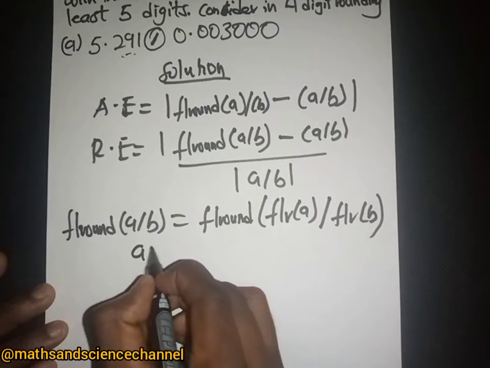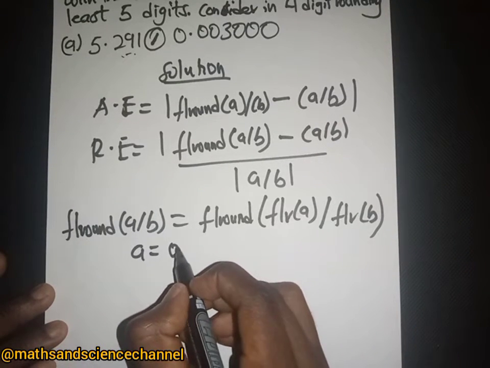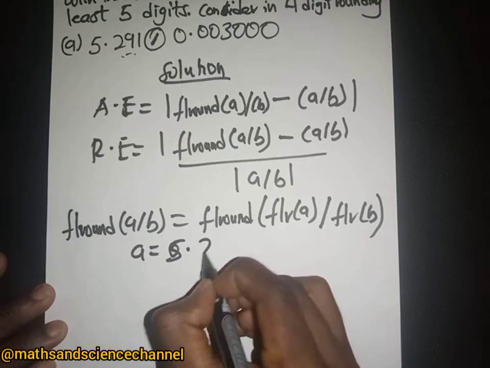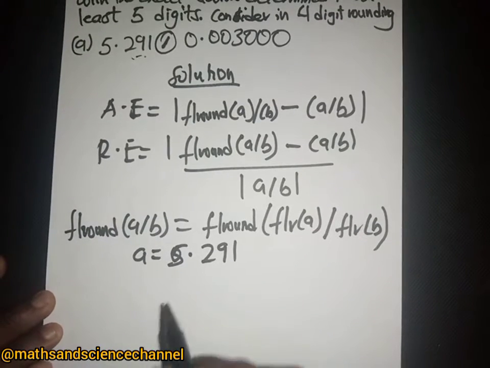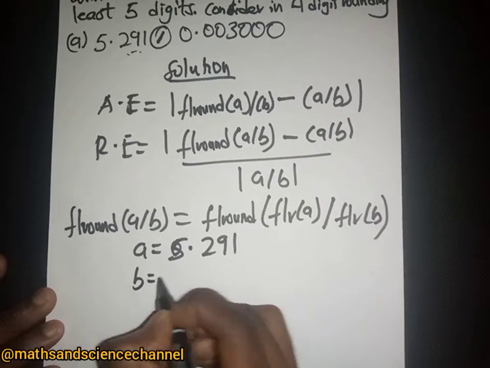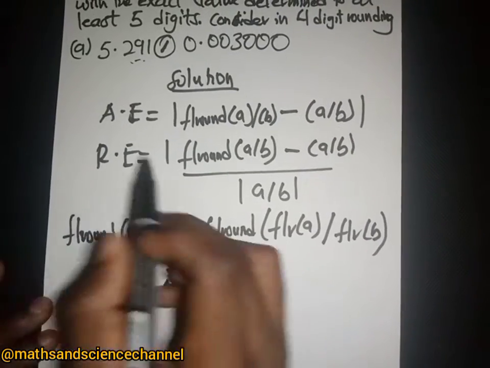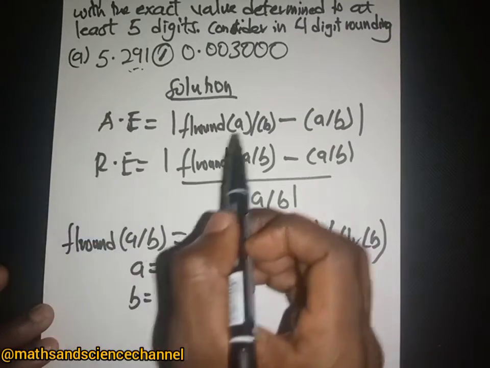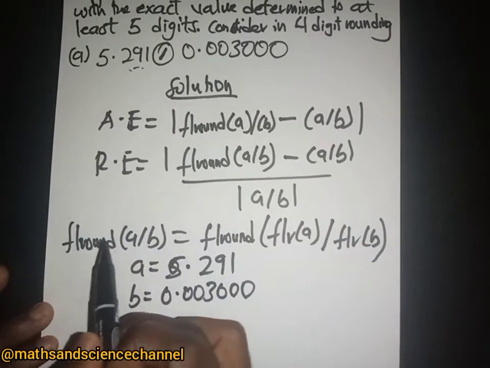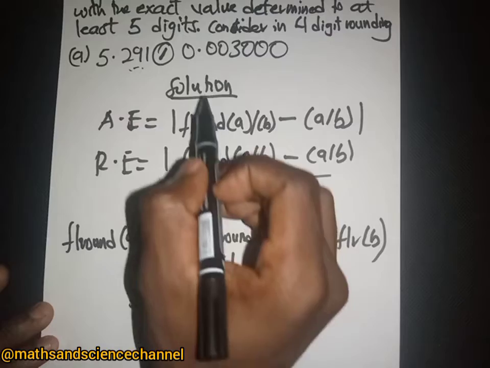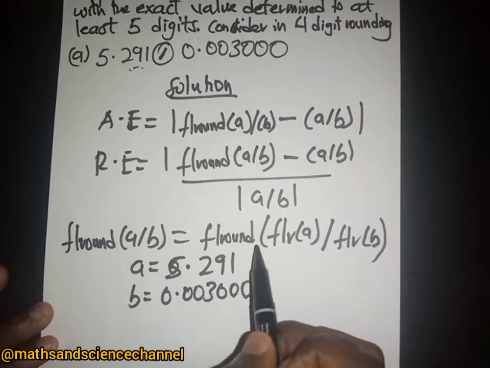We said that a equals 5.291, and b equals 0.003000. Before we can find the round of that, we have to calculate these first.